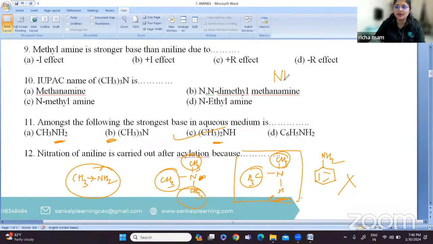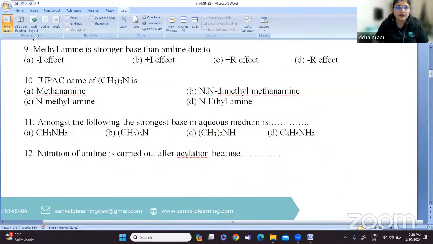Primary first will be NH3, then primary equal to tertiary, and this is less than the secondary amine. So the secondary amine will be the strongest base.